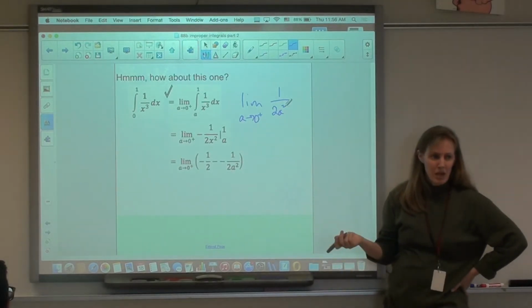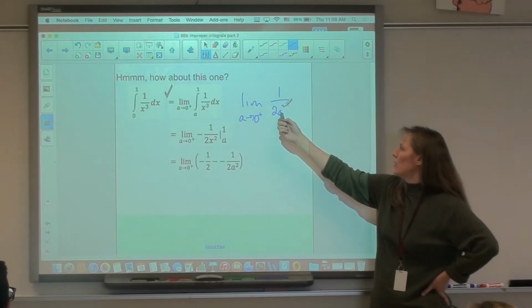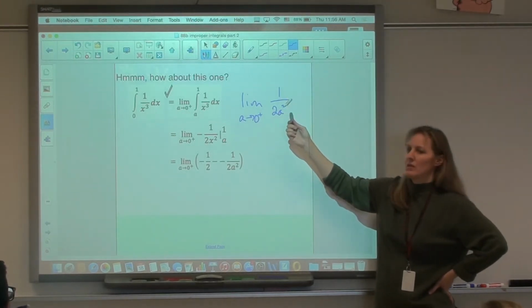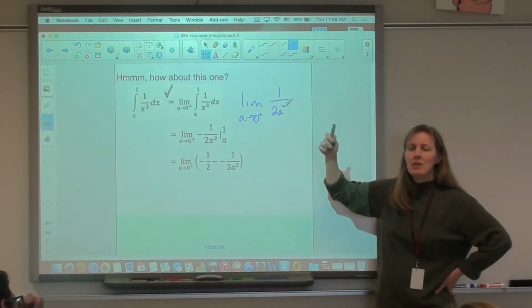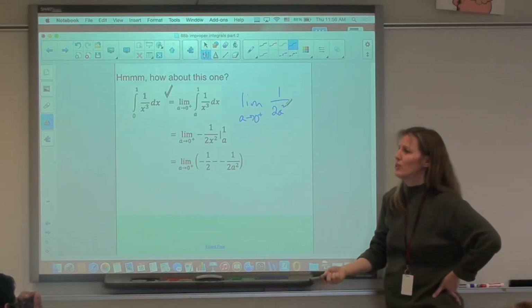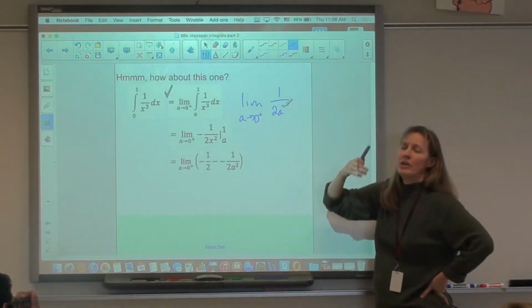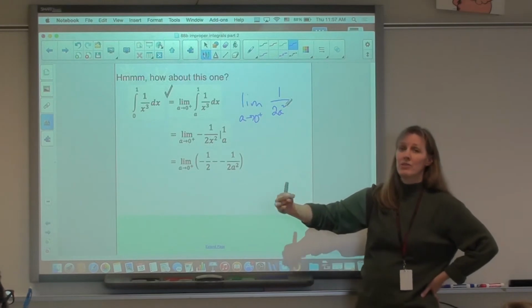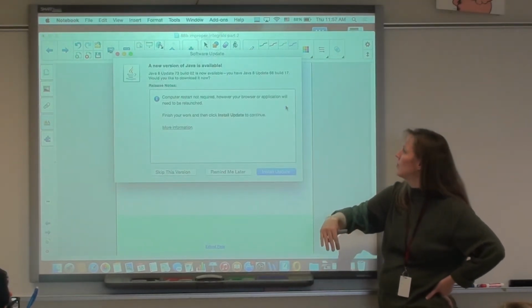Way back in September on your limit test, if you plugged in a 0 and got 1/0, so not 0/0, that means that you have a vertical asymptote there, right? Whenever you have a vertical asymptote from the right or left, the function's either going to approach infinity or negative infinity, right?